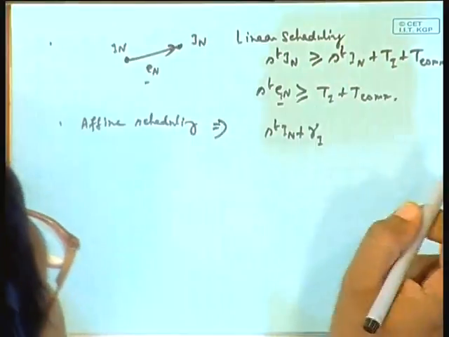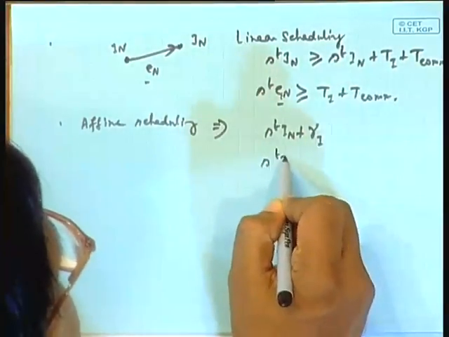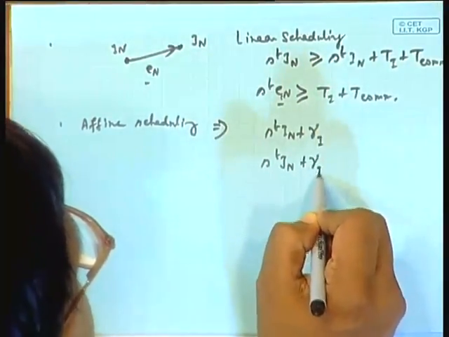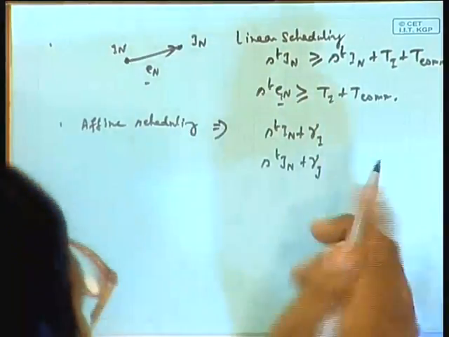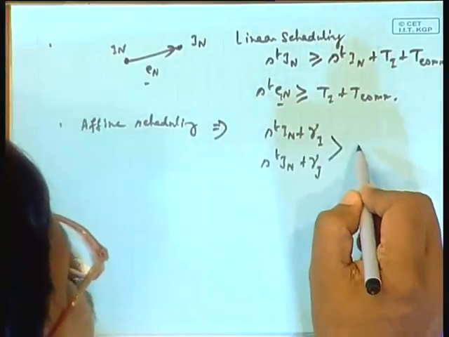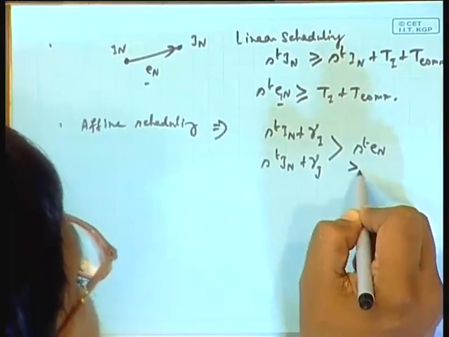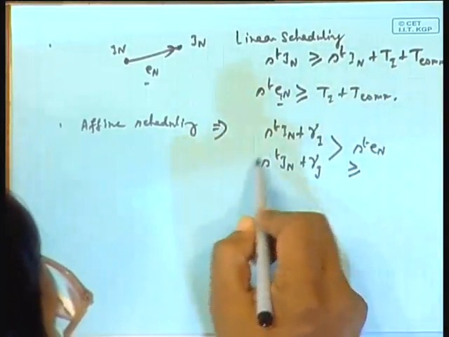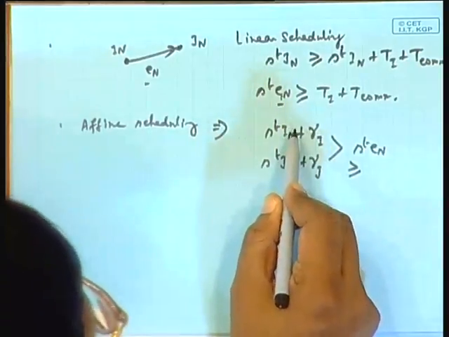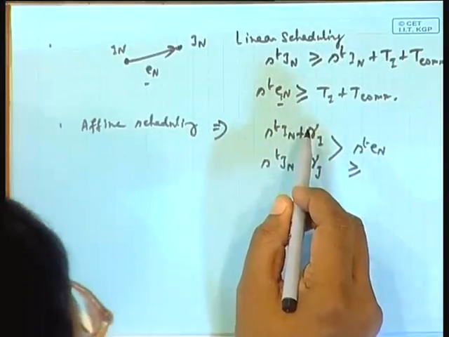That is the schedule here, and the schedule for JN was S transpose JN plus some gamma j in general. In that case, we get the inequality that S transpose EN should be greater than or equal to, that is, this must not precede this plus Ti plus T com.